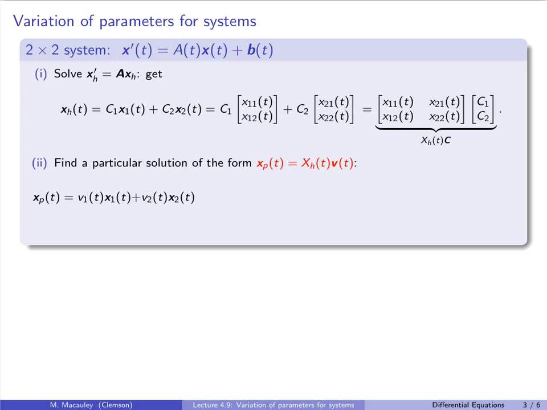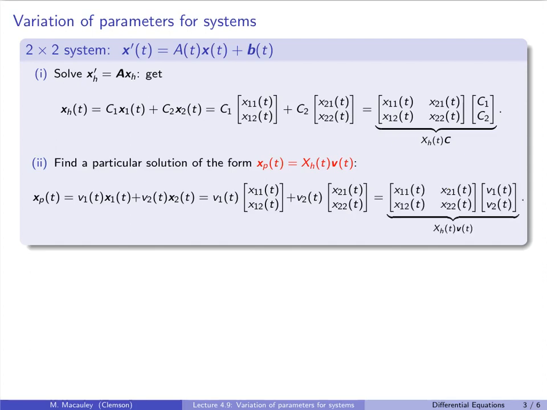This is a vector function, plus v2 times x2, which in vector notation is v1 of t times the vector x11, x12, plus v2 of t times the vector x21, x22. And in matrix form, this is just the 2x2 matrix xh of t, where the columns are x1 and x2, times the vector v1, v2, which I'll call v of t.